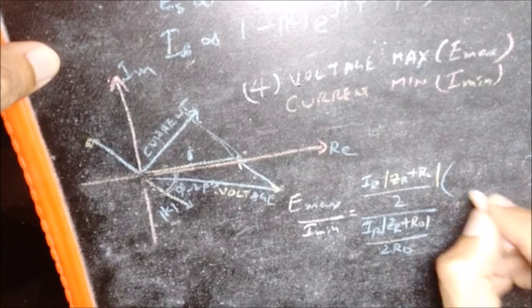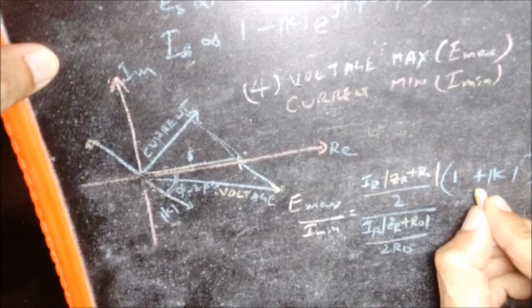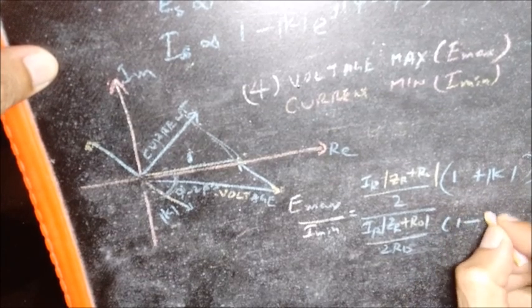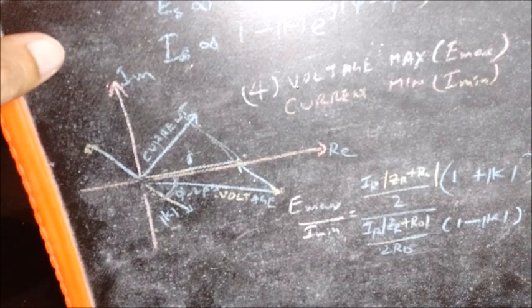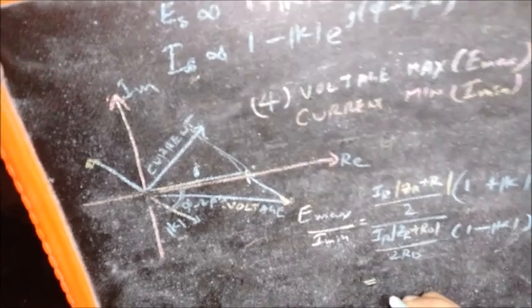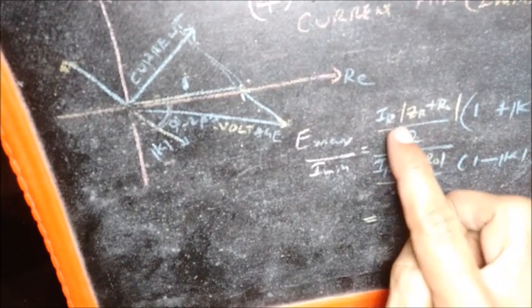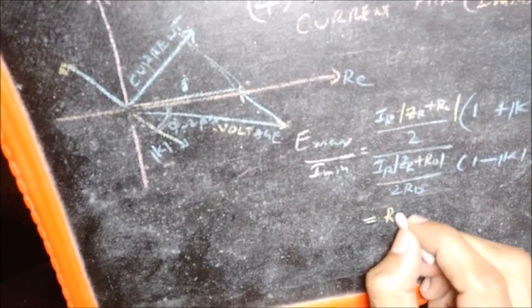For Emax, the incident and reflected fields add up in phase. For I min, they add up destructively. This gives us IR ZR plus R naught by 2 divided by IR ZR plus R naught by 2. These things will cancel off and you will get R naught.